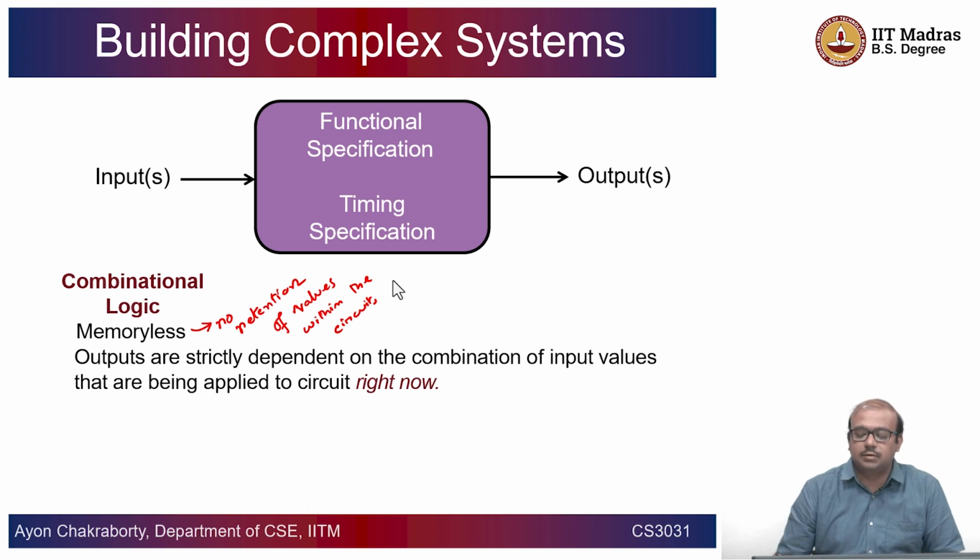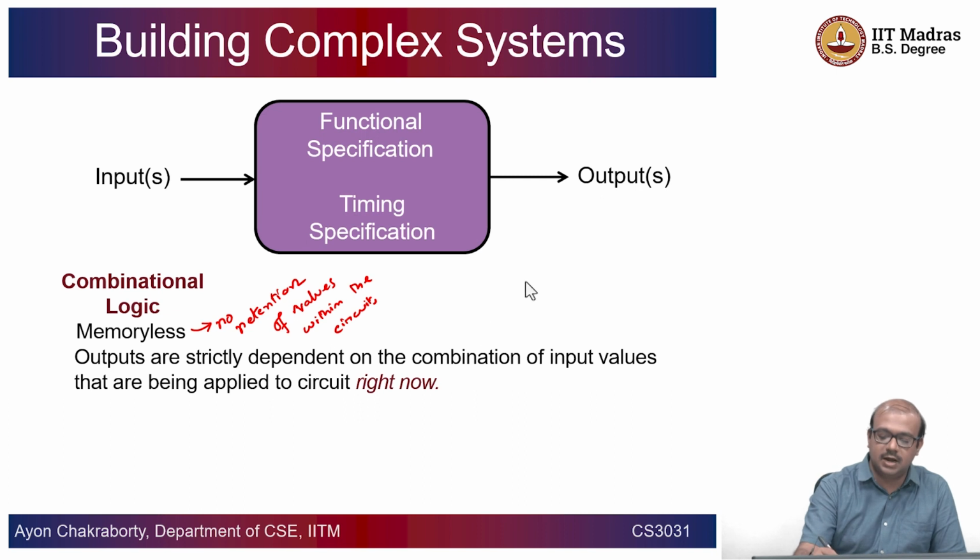The output has to be calculated strictly dependent on the combination of the input values A and B, right? So you don't have to retain anything in the memory, or anything from the history is not going to take any role in that, or even the next set of computations once you do try out, let's say, A prime plus B prime, where A prime and B prime are the new set of inputs, that does not depend on the previous computation A and B, right?